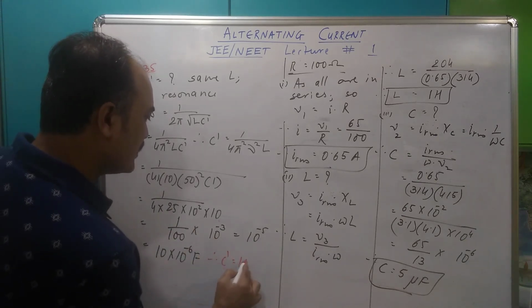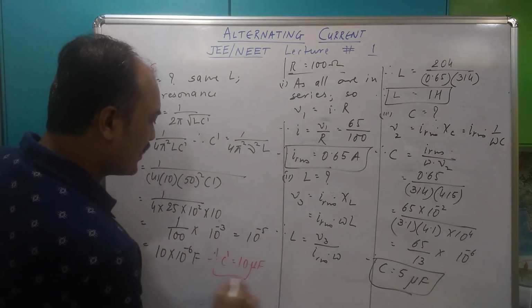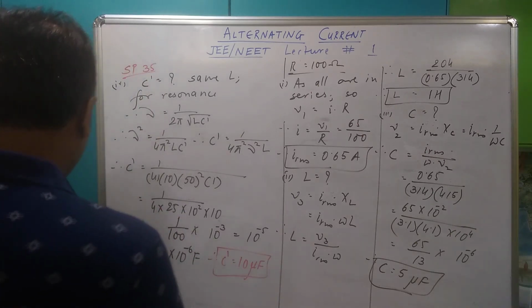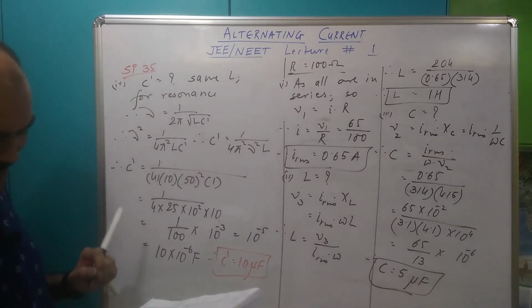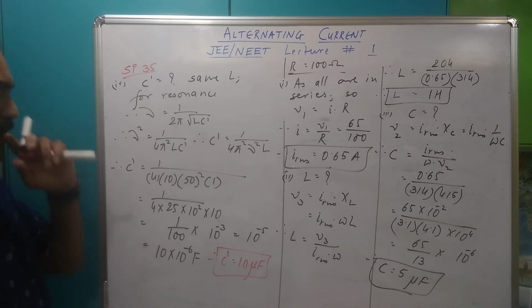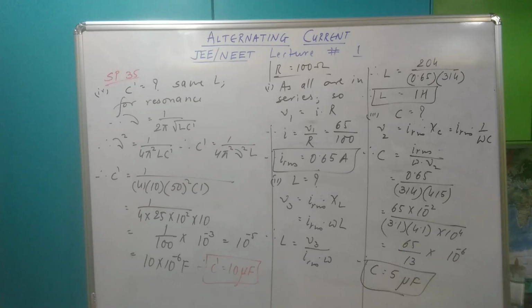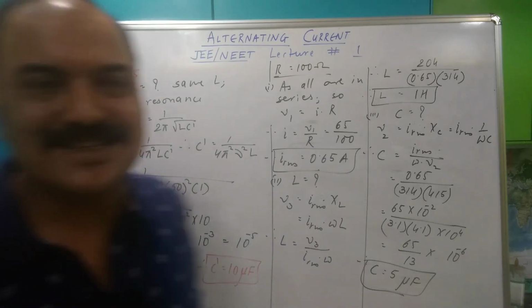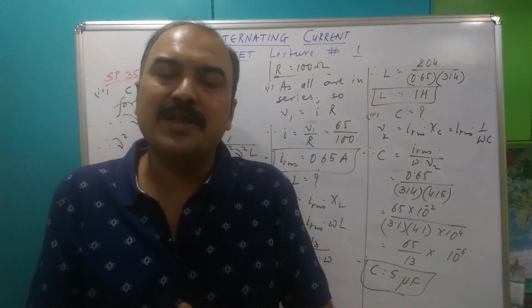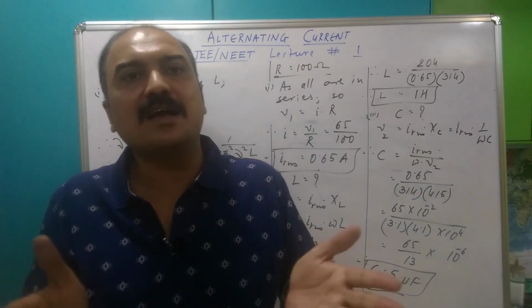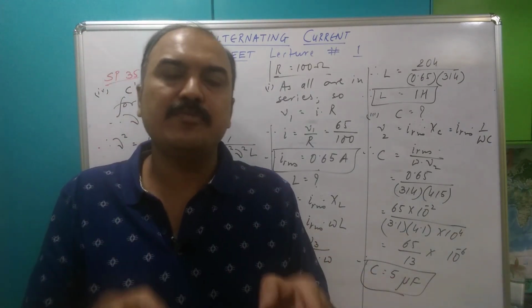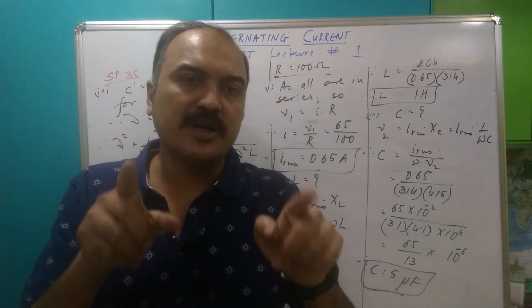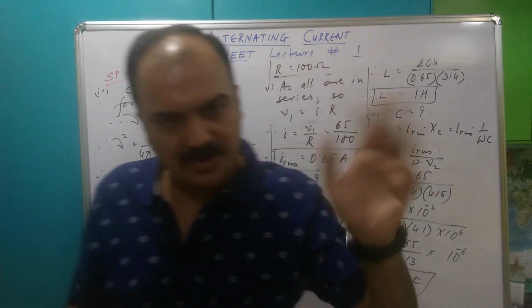So C dash is 10 microfarad. Might as well check the answer what it is. Yes sir, true all the way. So, as I said, next time lecture में transformers, power वगैरह कर लेंगे, and till that time you stay safe, be positive, stay negative. Thank you so much, have a lovely day.